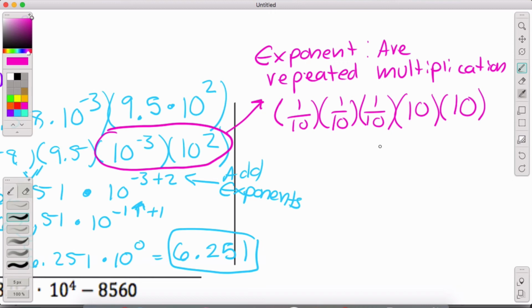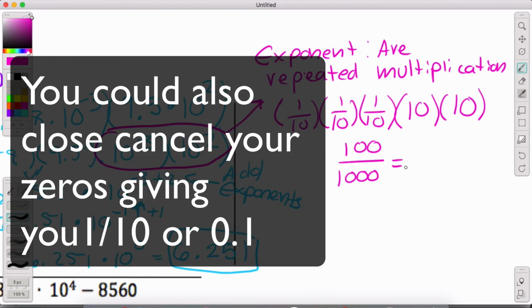So what you end up with here is 100 over 1,000 equals, if you put that into your handy dandy calculator, 100 divided by 1,000 gives you 0.1.